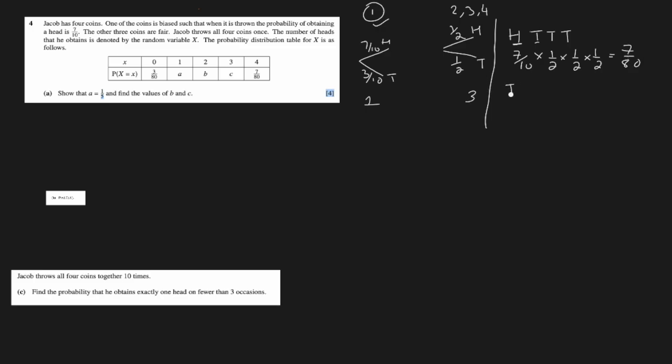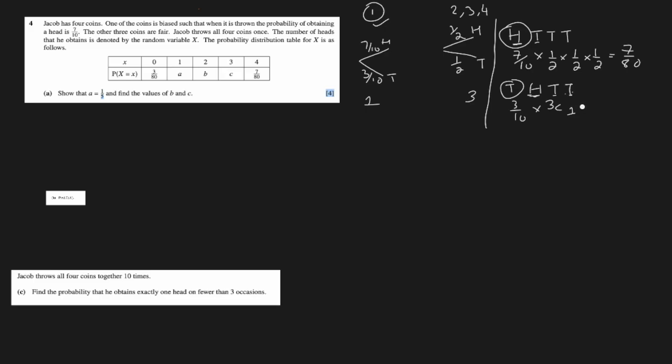Now, if the first coin is tail, the probability is 3/10, right? That means we need one head in any one of these 3. Either this can be head, or this, or this. We can write 3C1: out of 3, any one has to be head.